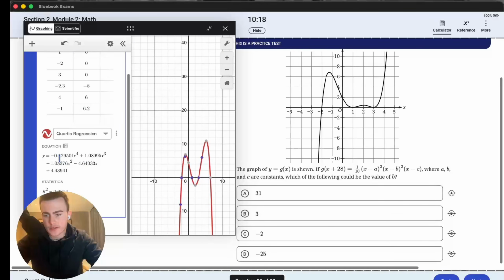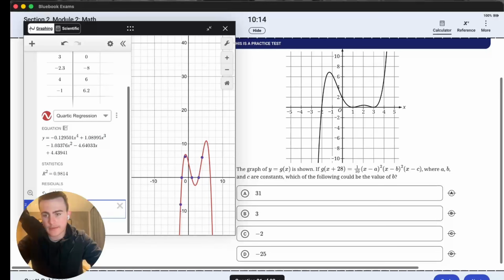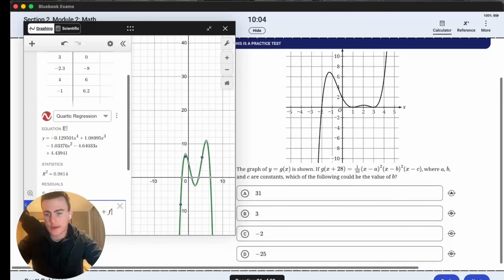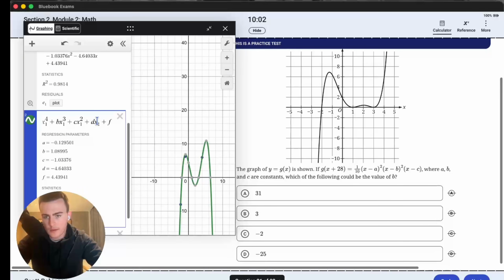Now you have this equation. I can't copy paste it because it's Bluebook. Oh, that's so annoying. Okay, I have to type it out manually. So, actually, no, let's do this. Screw that. Export. Let's do this.